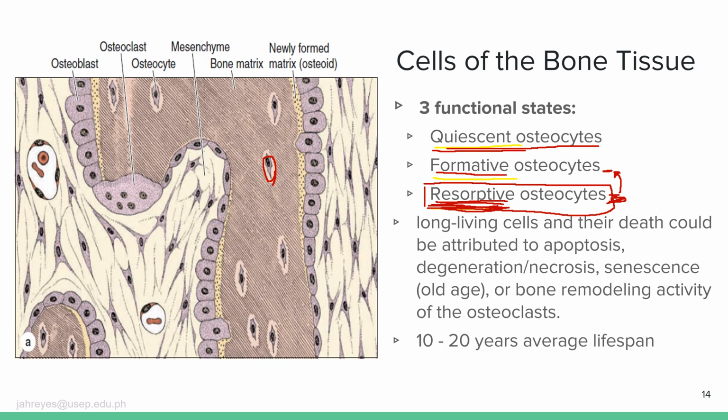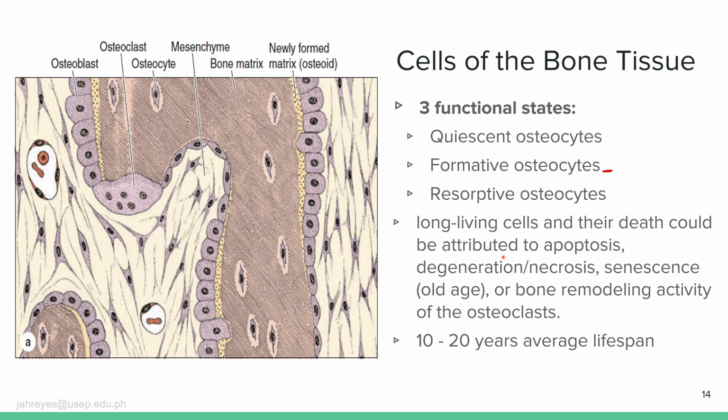So generally, the osteocytes will live up to 10 to 20 years. So the lifespan of the osteocytes also represents the bone age of the person. If the percentage of dead osteocytes is increasing, it means the bone age is also increasing.